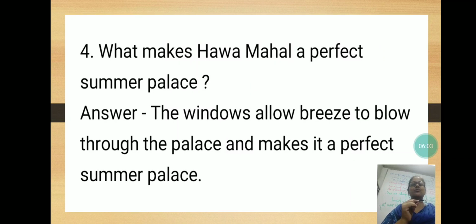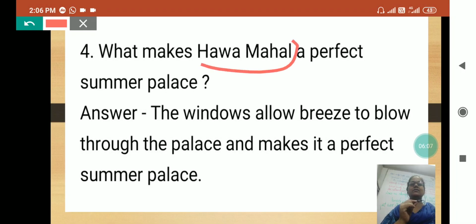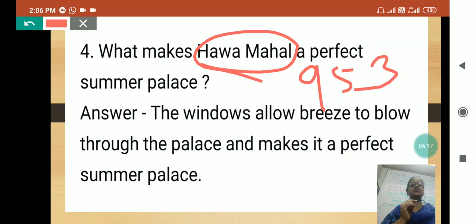This is the most important question, my dear, because as by its name, Hawa Mahal, Hawa, air, breeze, makes it a perfect summer palace. The 953 windows allow breeze to blow through the palace, and that's why it is a perfect summer palace.